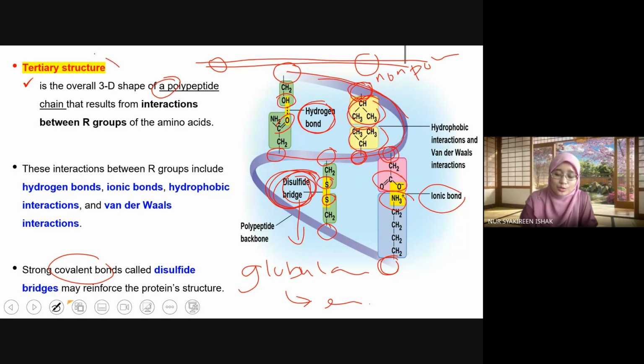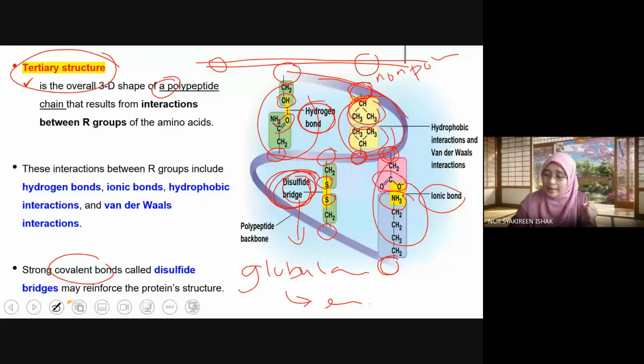So this is due to the tertiary structure, due to the interaction between the side chains, either through hydrogen bonds, hydrophobic interaction, and also van der Waals interaction, disulfide bridge, and also ionic bonds. So all these are involved in the formation of 3D shape of a protein in the tertiary structure.